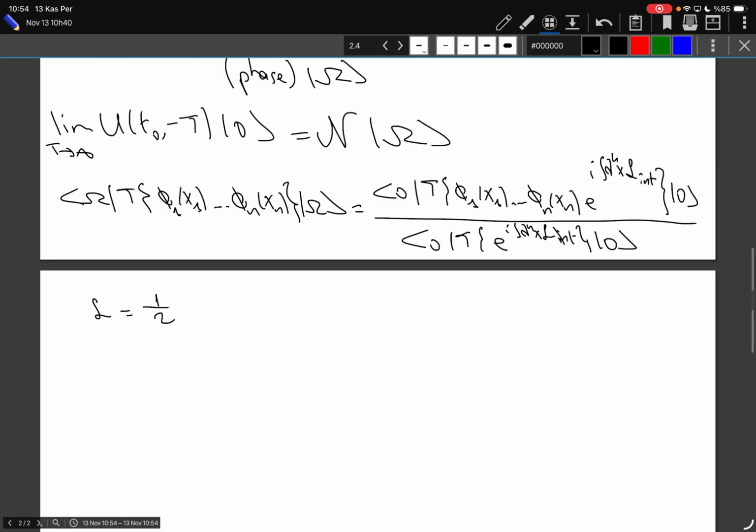Let's take the phi to the 4 theory. It's a real field. So the interaction Lagrangian is minus lambda phi to the 4. Now, I will divide this lambda by 4 factorial.